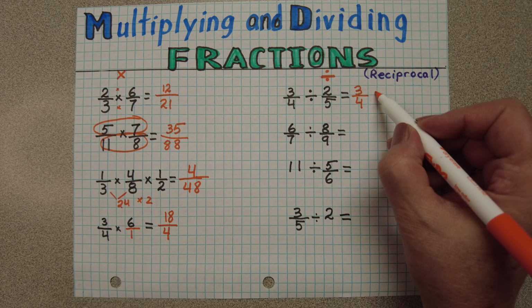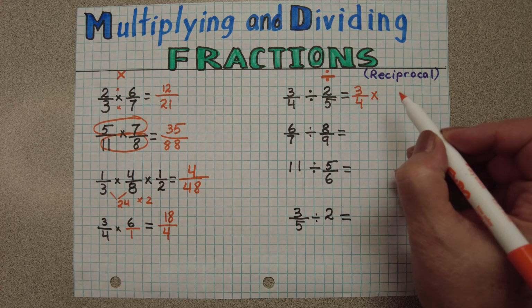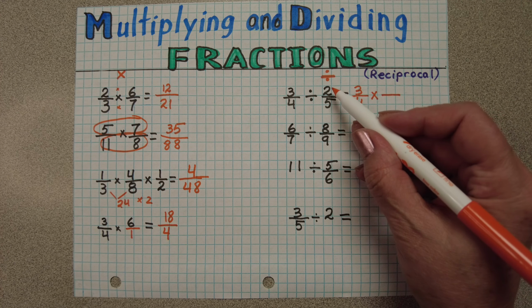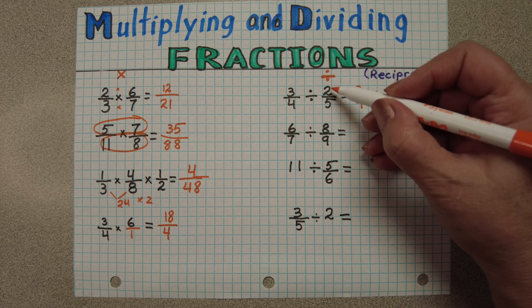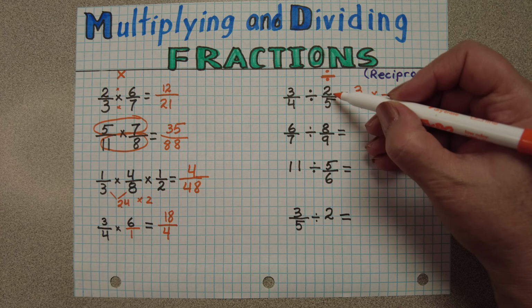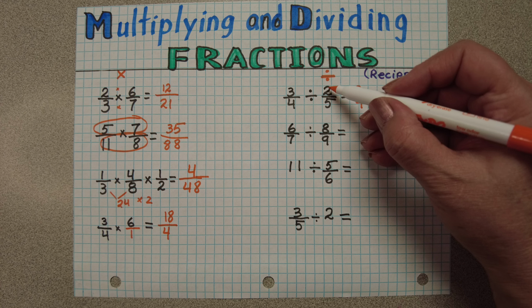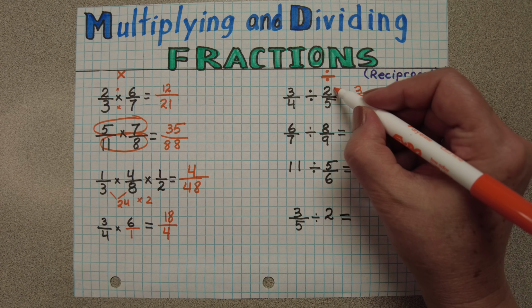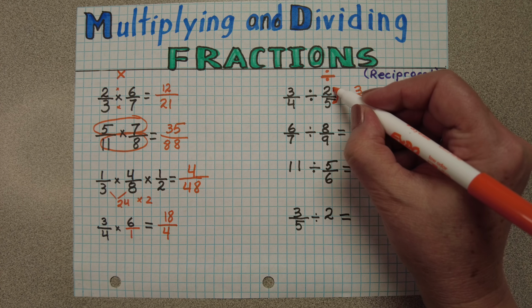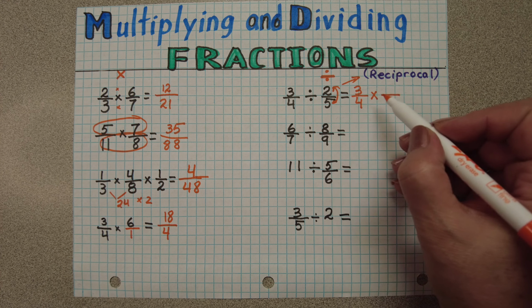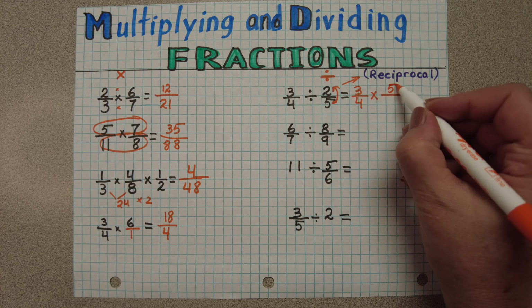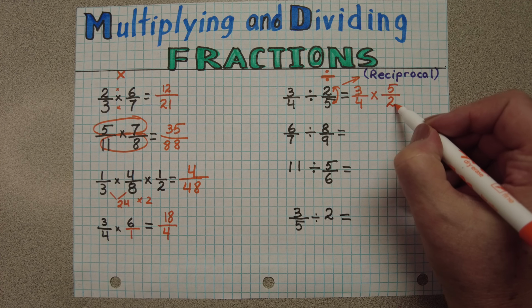Then instead of dividing, we multiply and we write the second fraction turned. Numerator bring down, denominator take to the top. And we call this process, switching it, reciprocal. In this case, we will have 5 over 2.